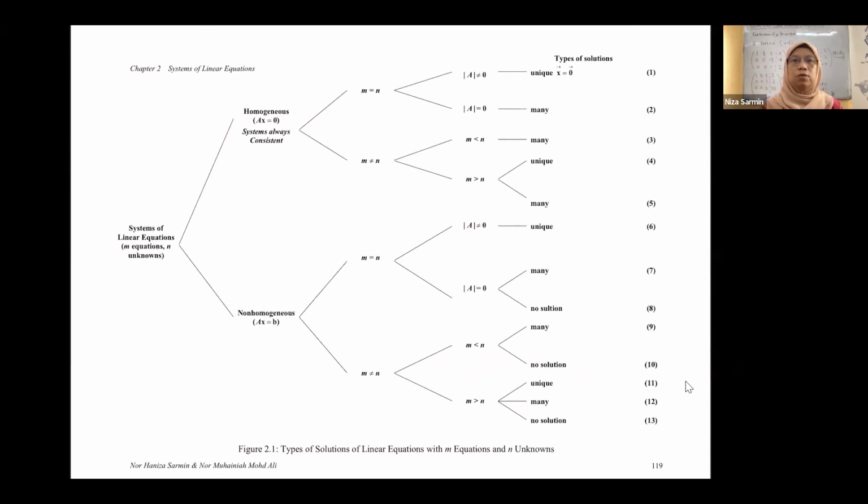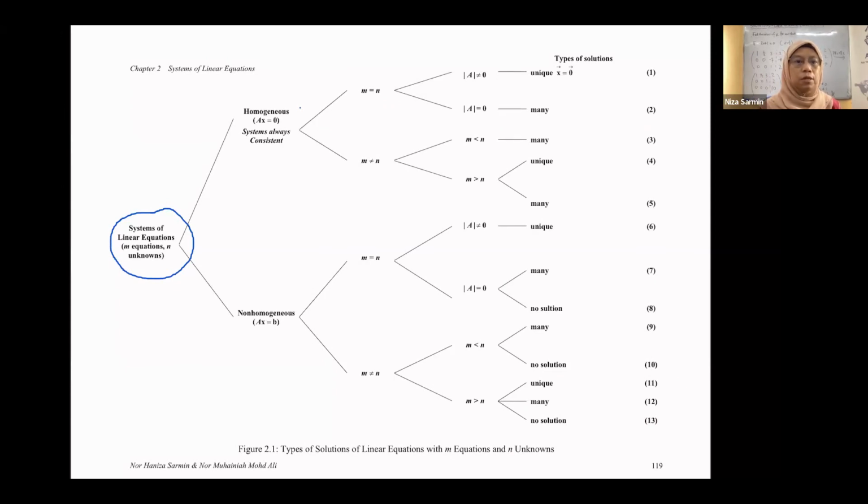Okay, so for the system of linear equations, with m equations and n unknowns in general, right? I separate into 2.